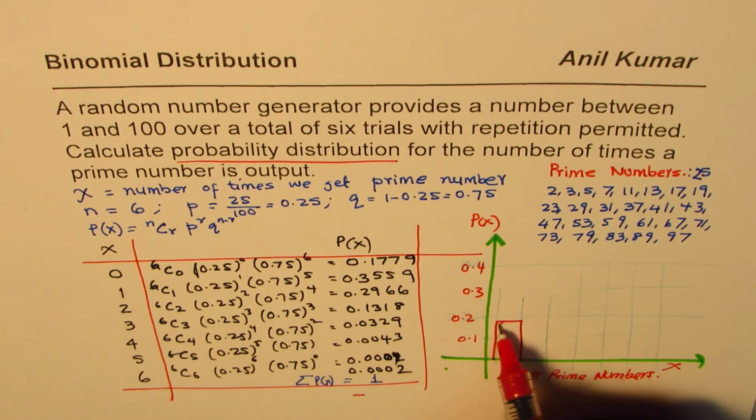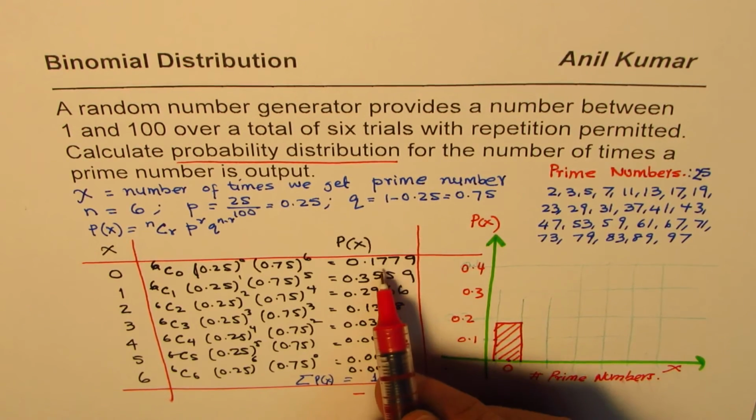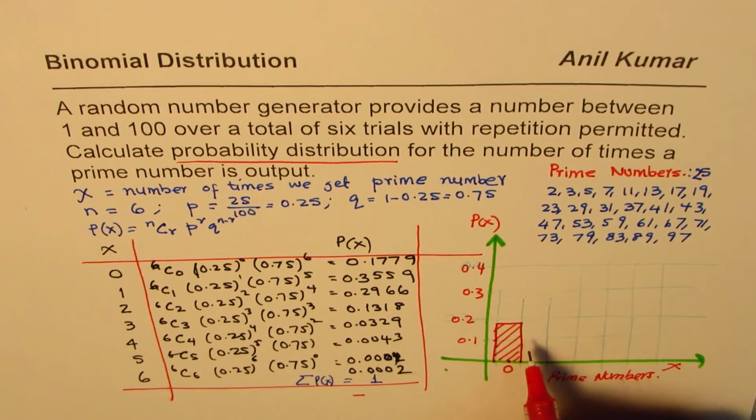Since the area under the graph should be representative of the probability, that's the whole idea. When I have a unit width, then the height becomes the area. It's a very important criterion.